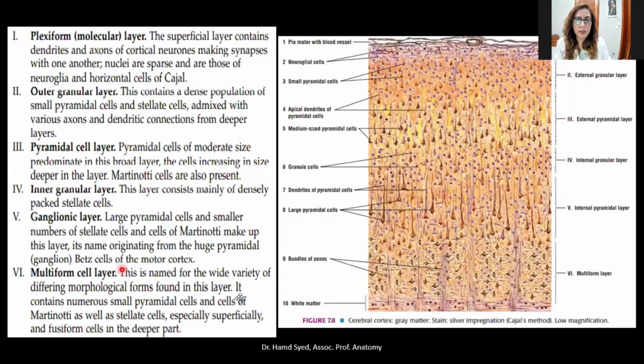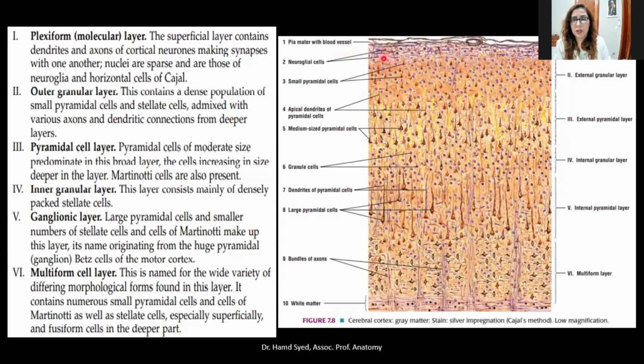And over here is again a summary. This is a silver impregnation histomicrograph, which shows us the layers of the cerebral cortex. Superficially, you can see the pia mater, which covers the surface of the cerebral cortex.